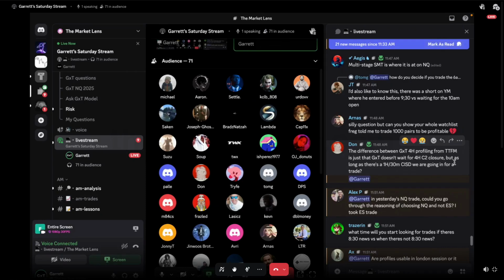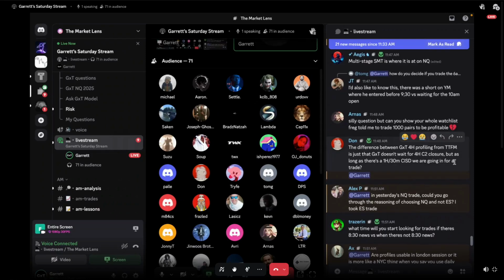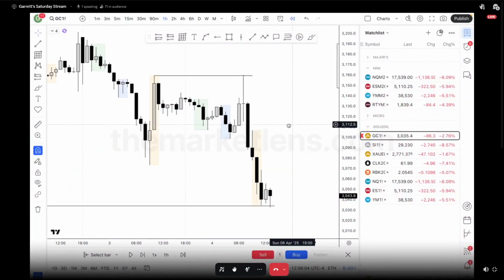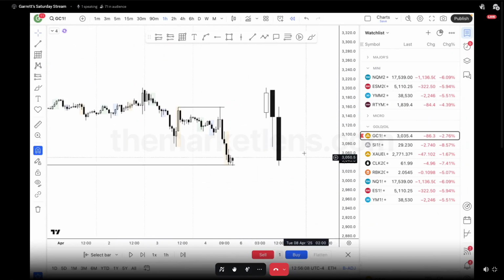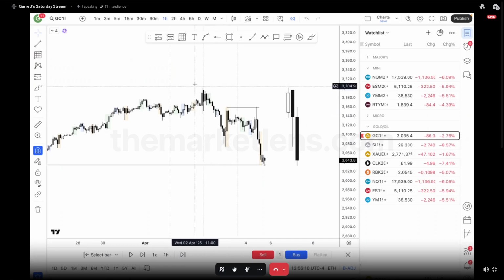I specifically focus on profiling because I can't trade every day, obviously, but when the framework is there, I will trade it because I will trade a 1-hour or 4-hour model, right? That is supported by the daily candle. So I don't need a higher time frame closure like maybe T trades requires. I don't need all this framework on the higher time frame necessarily.